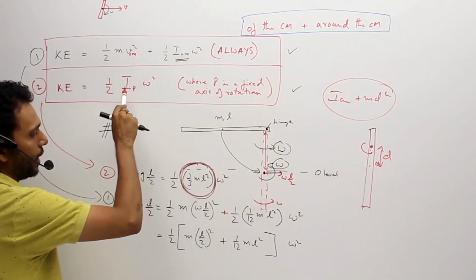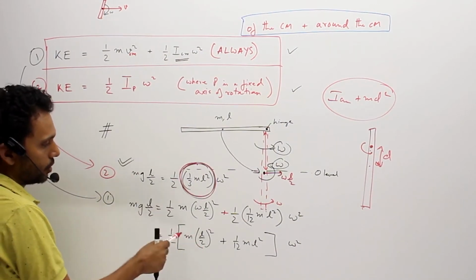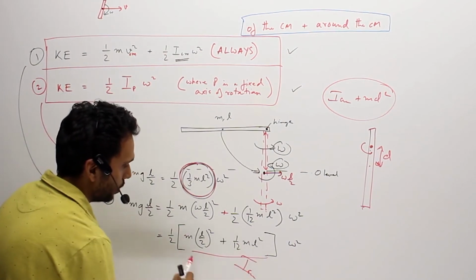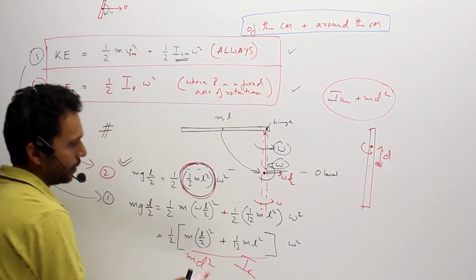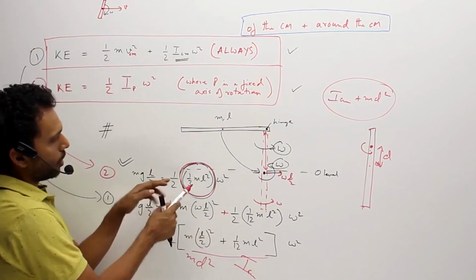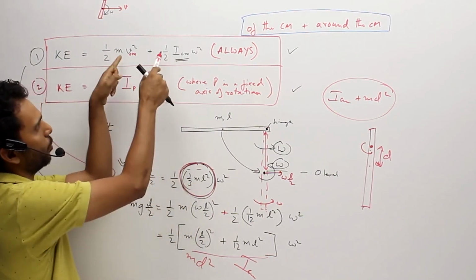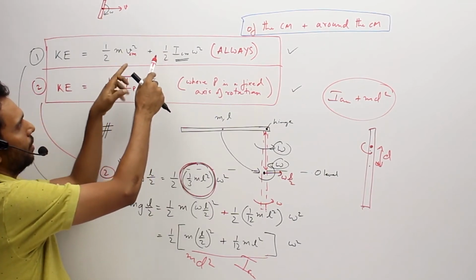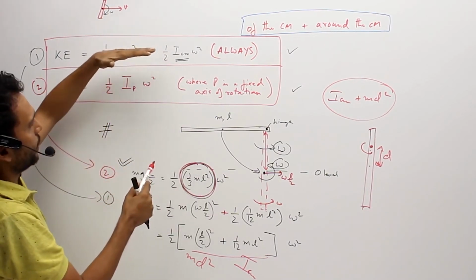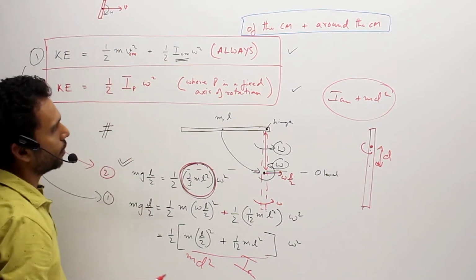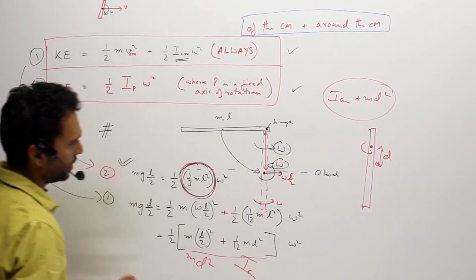So that would have been as good as doing this. If it was not a known moment of inertia about a point of rotation, then even if you are doing this, you are basically doing the same number of steps as with a fixed point of rotation. I hope this is clear.